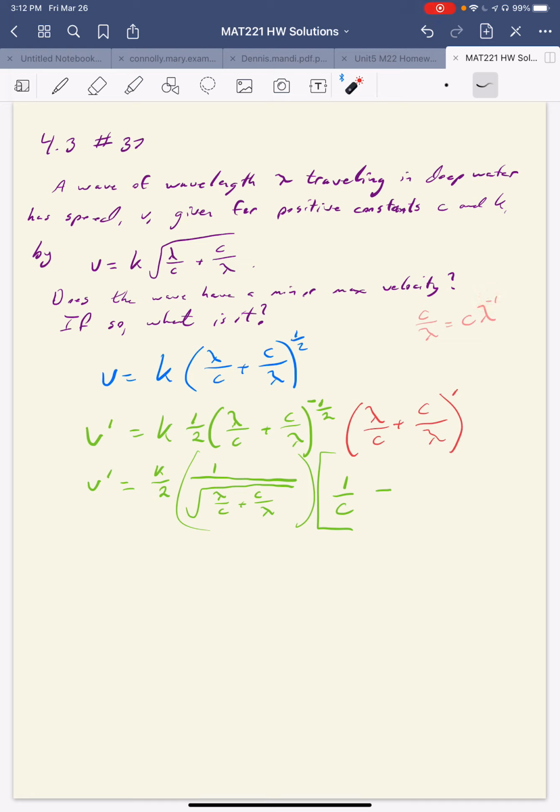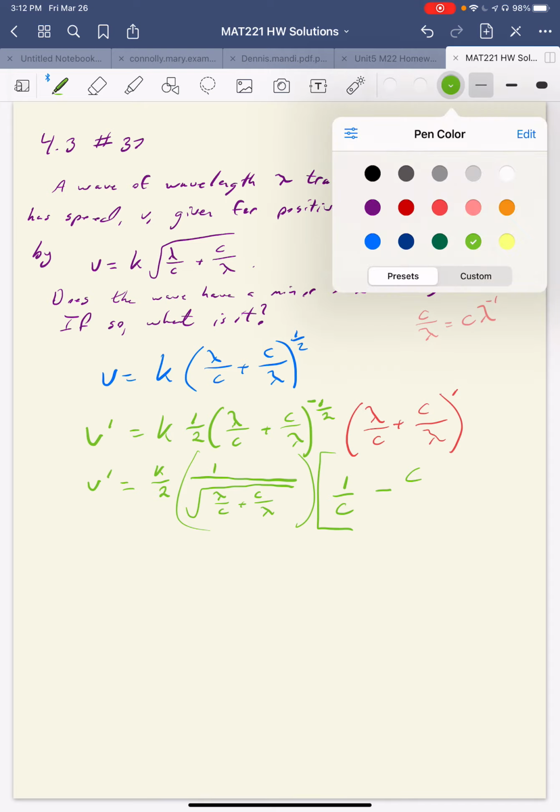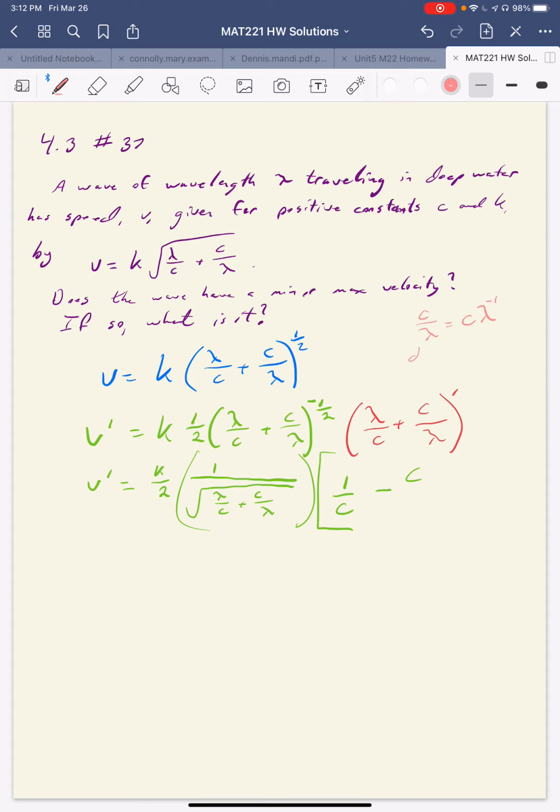If I take the derivative of c lambda to the negative 1, that gives me negative c lambda to the negative 2, which is the same thing as negative c over lambda squared.